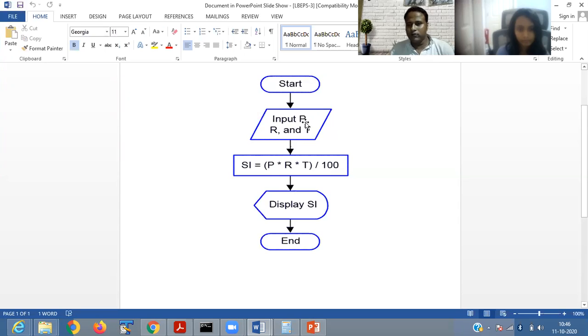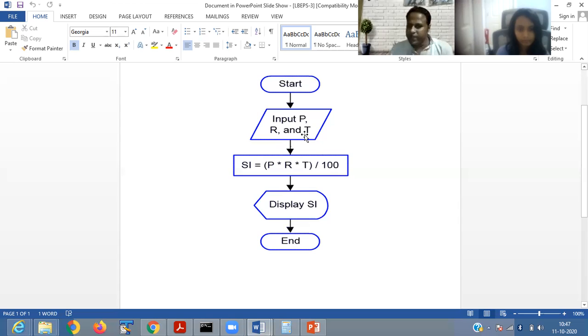Input P means the money you are borrowing from others. R is the rate of interest on the loan from a bank. Then what is the time period? How much time I will take that money. That is defined by T.